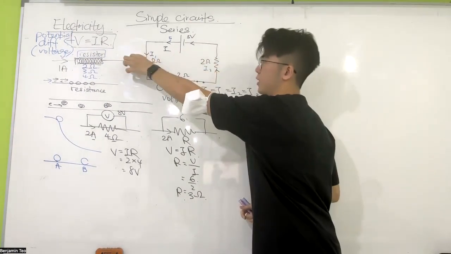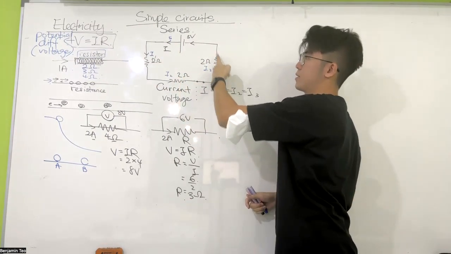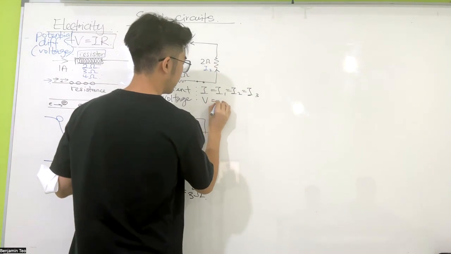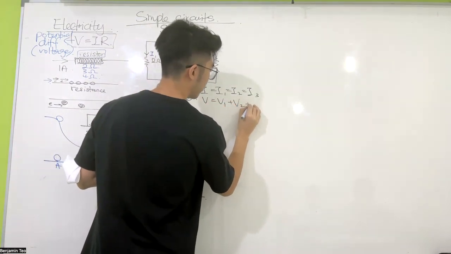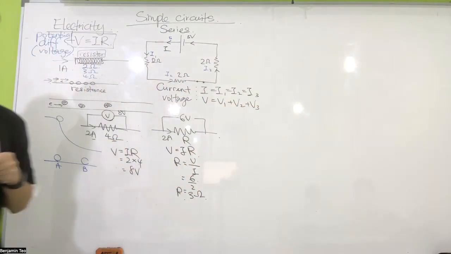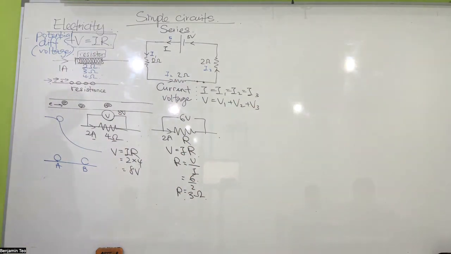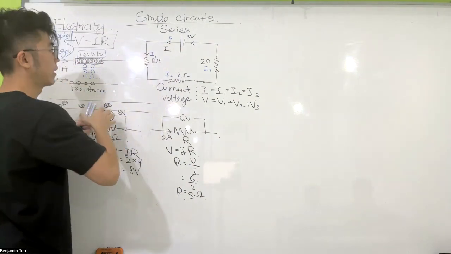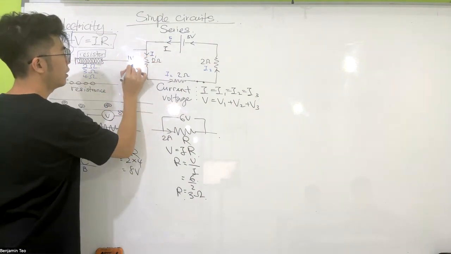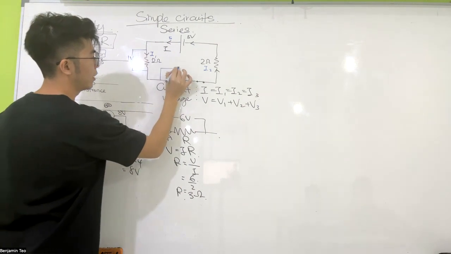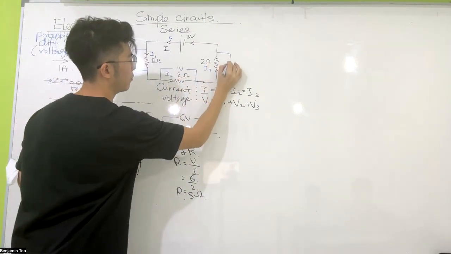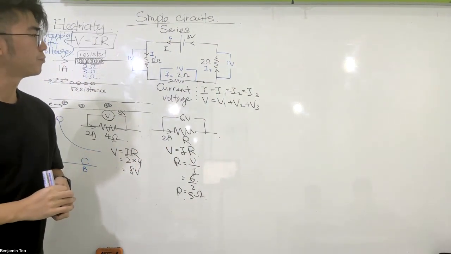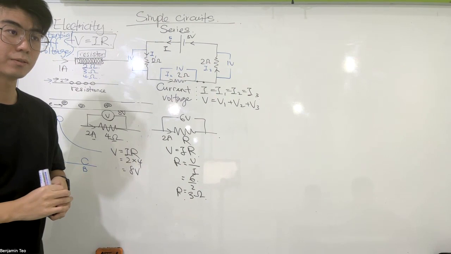So the voltage here plus this one is going to be equal to the total. V equals V1 plus V2 plus V3. So 3 volts, you can think of it like I have 1 volt here, 1 volt here, 1 volt here. So far so good? Yes?